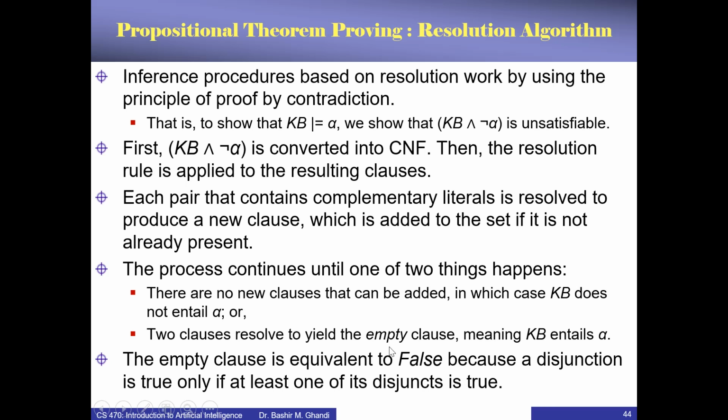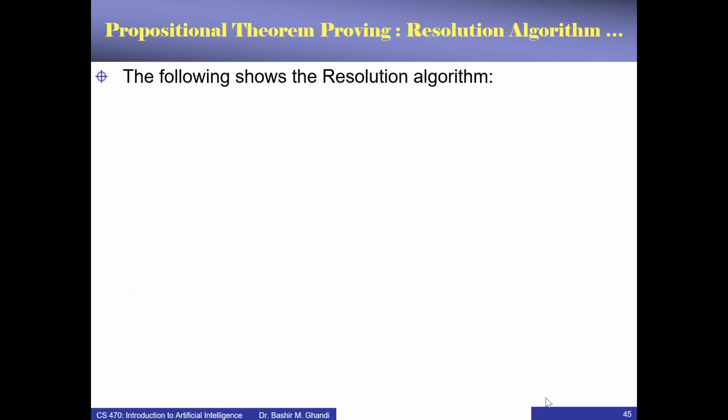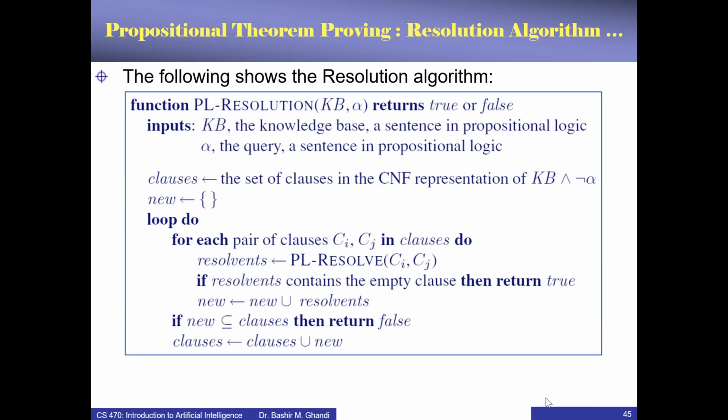But the empty clause doesn't contain anything, so it doesn't have a disjunct that is true, and that is why it is equivalent to false. Now the following shows the resolution algorithm. Before we take an example to show how it works, let us state the algorithm completely.